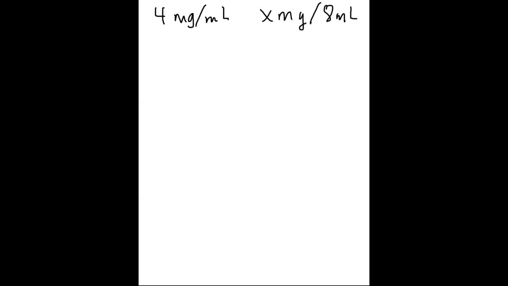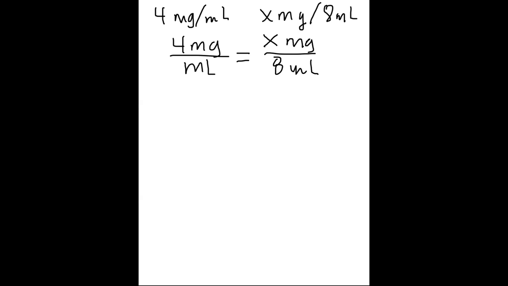Let's set up our problem. 4 milligrams per ml is equal to X milligrams for every 8 milliliters. Now we're going to cross multiply.